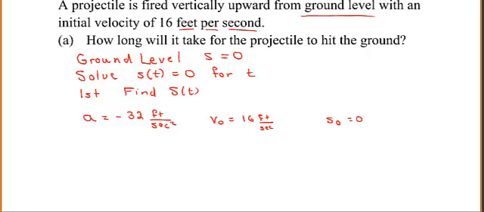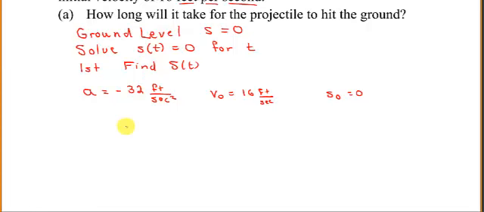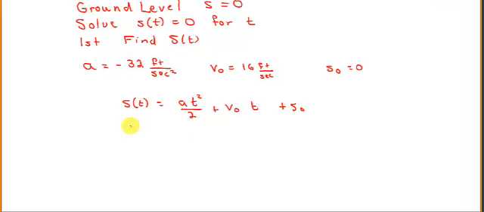So remember that under this situation, the position function is going to be a t squared over 2 plus v0 t plus s0. So s of t is going to be negative 32 t squared over 2 plus 16t plus 0.